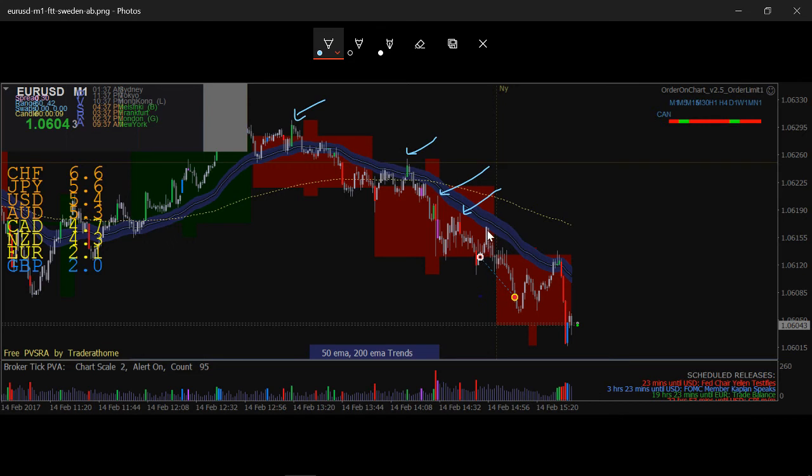There was a retrace. So I could have placed it here. This is what I said to you guys in the chart just before. In the chart just before, I didn't wait for a retrace, and it turned out I was correct. This time I didn't wait either, but it turned out I was a little bit wrong because it had a retrace. But anyways, after the retrace, it went down again.